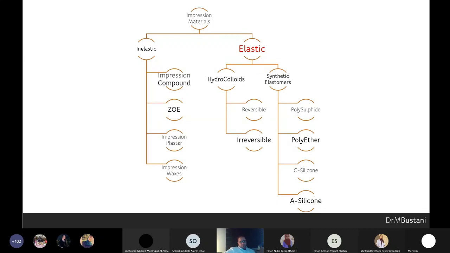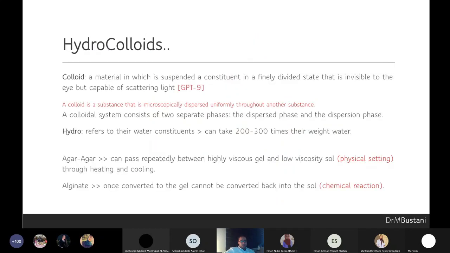Elastics have two main families: hydrocolloids and synthetic elastics. Hydrocolloids are usually made of... To start with, colloid means a material that's suspended and dispersed uniformly in another material.